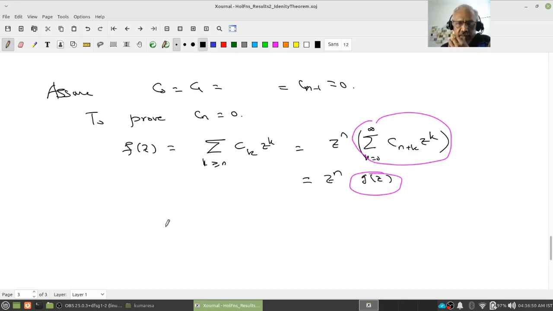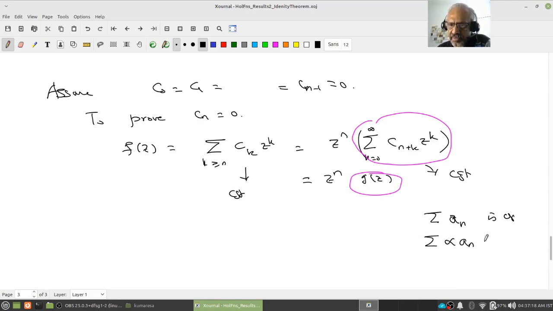Note that this series is convergent. This is a power series. Don't worry about n plus k, call it dk z^k. Why is it convergent? Let's look at a general fact: suppose the sum of an is convergent and alpha is non-zero.